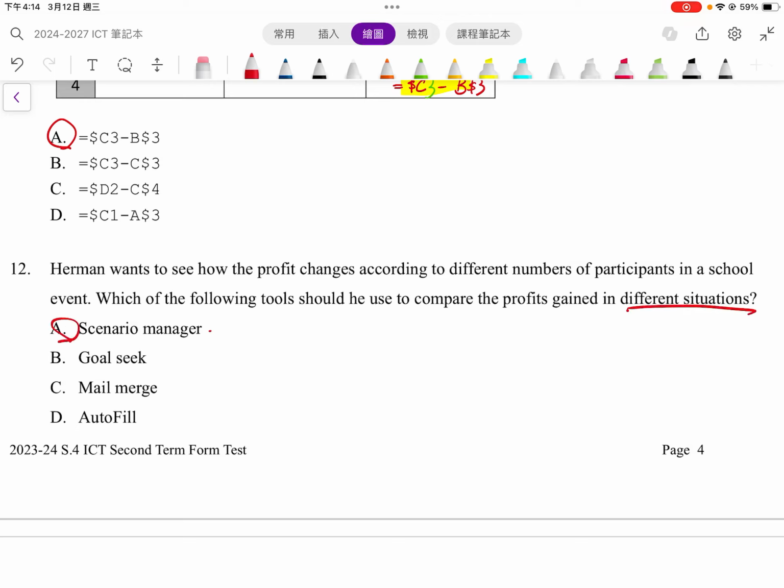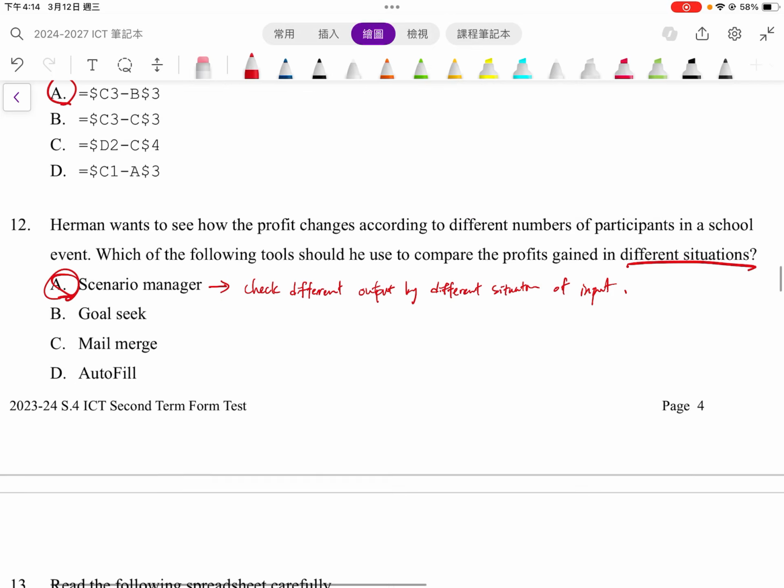The answer should be A. Because Scenario Manager is to check different outputs by different situations of inputs. Okay, so that means if you want to check different situations, what happens this, what happens that, you will use Scenario Manager. So the answer should be A.